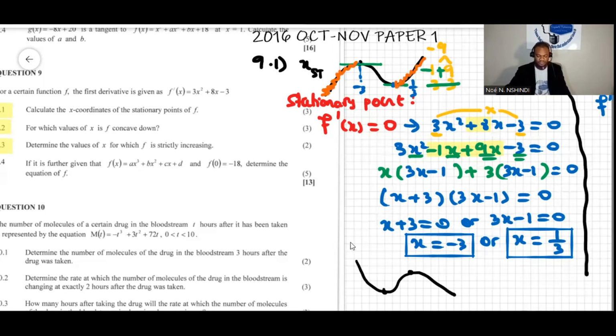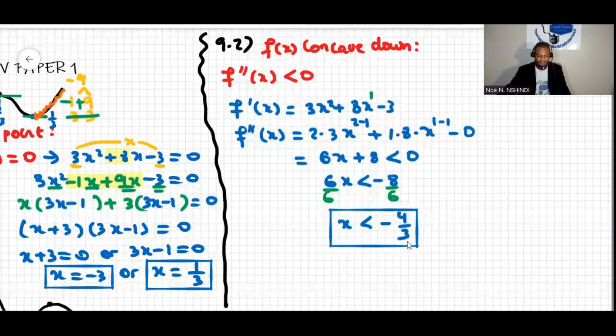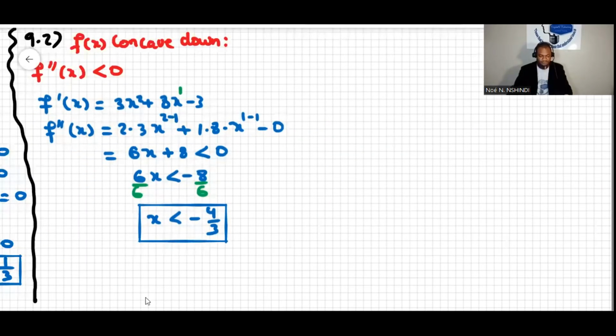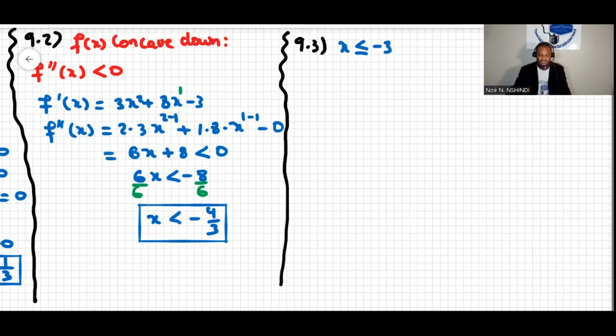Then over here we can just answer the question, 9.3, we'll say that x will be less than or equal to negative 3, or x will be greater than or equal to 1 over 3. So this is the solution.